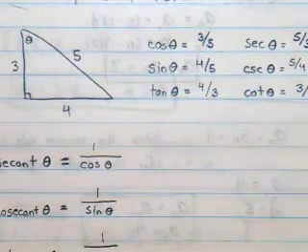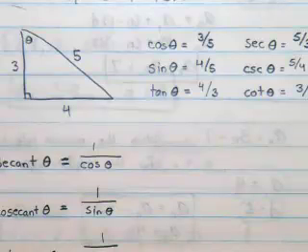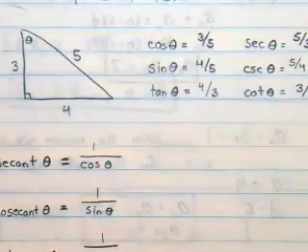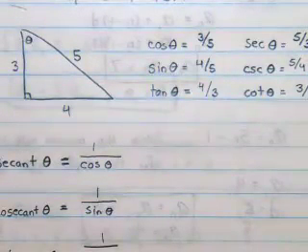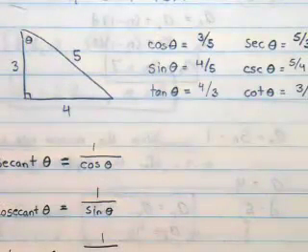The theta next to it? Yes. That's one of my pet peeves, actually. A lot of people don't write the little theta next to them, and if you don't have a little theta next to it, it doesn't mean anything. So it is the cosine of theta. It is not just cosine. It's always of the angle.